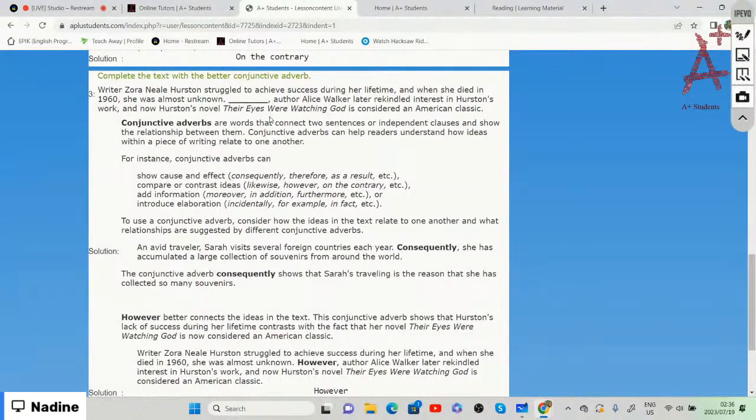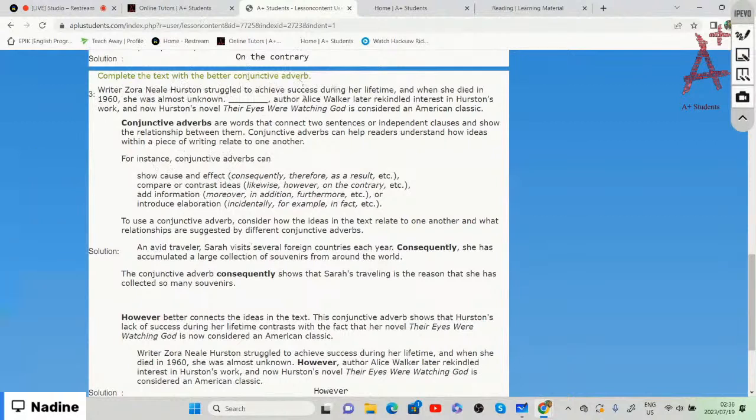We need to choose the best conjunctive adverb. The first sentence tells us that the writer Zora Neale Hurston's work was unsuccessful. She didn't achieve much; she was struggling.